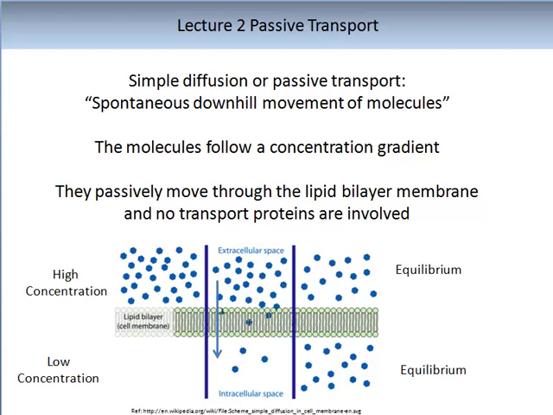Assuming that the cell membrane does not act as a barrier to the particular compound that is moving through the cell membrane, and indeed it does not act as a barrier to water, molecules will be driven through the dynamics of Fick's law. That is, they will move naturally from a high concentration to a low concentration.